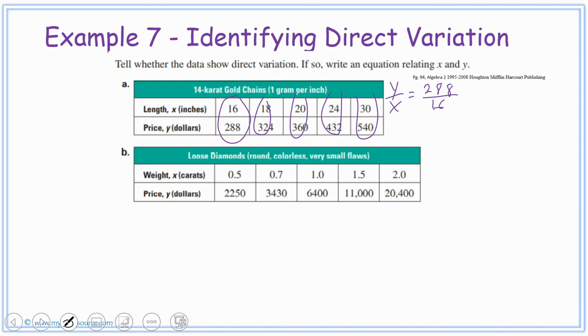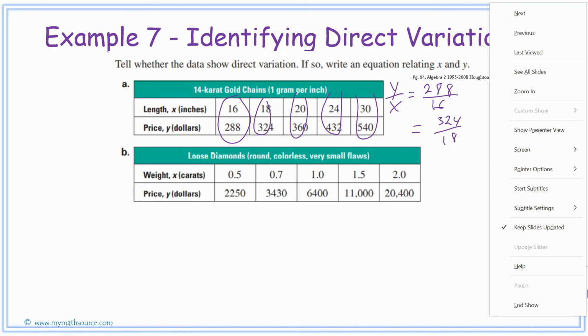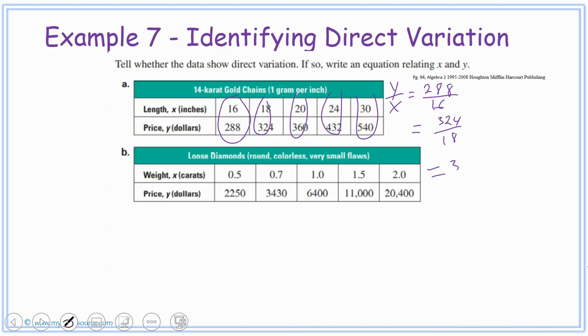It's just basically saying it's being multiplied by a common multiple, which is our slope. So let's see what 288 divided by 16 is. 324 divided by 18. 360 divided by 20. By the time you get three of them, you know you're right.